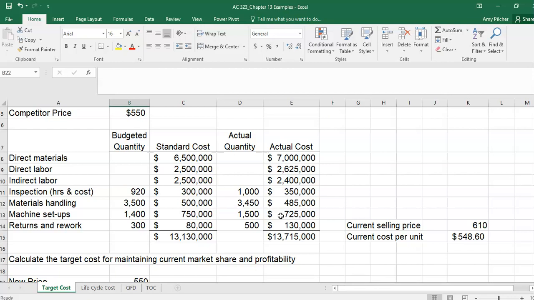And we spent more on inspection, machine setups, and returns and rework. So one of the things that we might want to look at is the quality of our direct materials causing all of these returns and rework? And is the returns and rework causing the extra cost in inspection and the extra cost in labor? So we would want to re-engineer this product to drive those costs down.